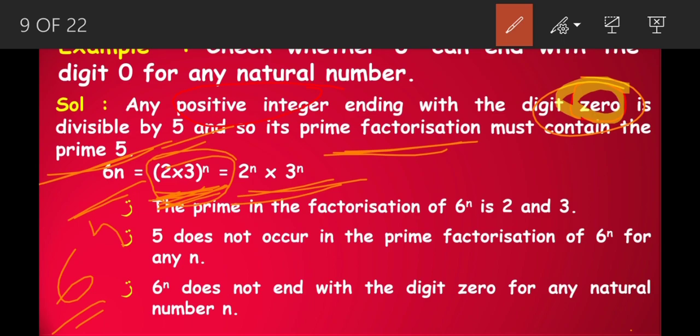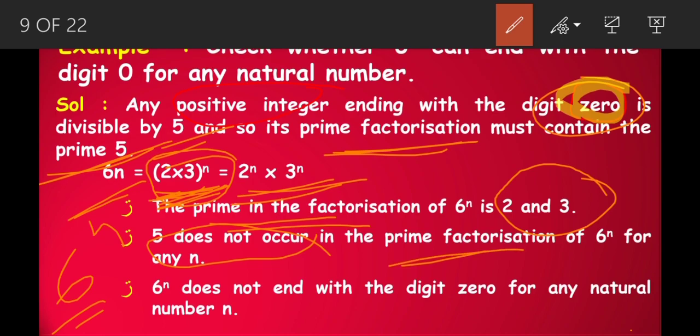This means the prime factorization consists of only 2 and 3. 5 does not occur in this prime factorization. So as there is no 5 in the prime factorization, we can confidently say that there will be no digit 0 for any natural number n in 6 power n.